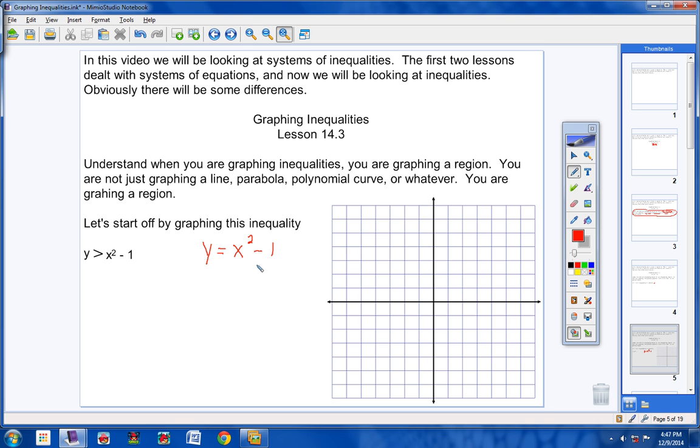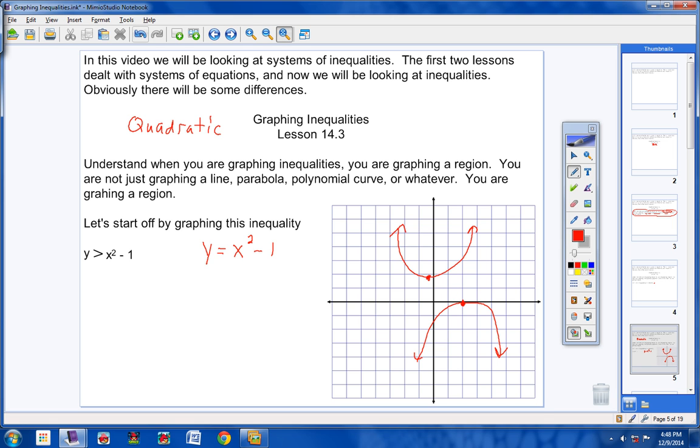Now it's been a couple years, so I will bear with you and help you, but this is called a quadratic equation. And a quadratic equation always graphs a parabola. Sometimes they open upward, sometimes they open downward.